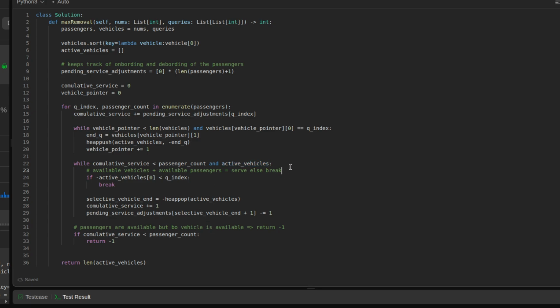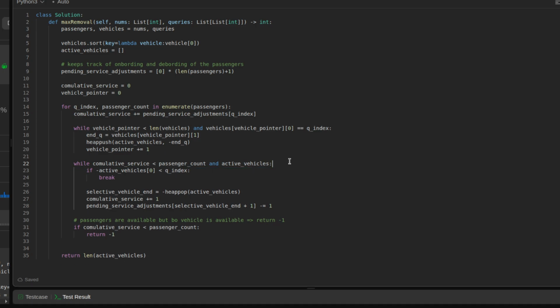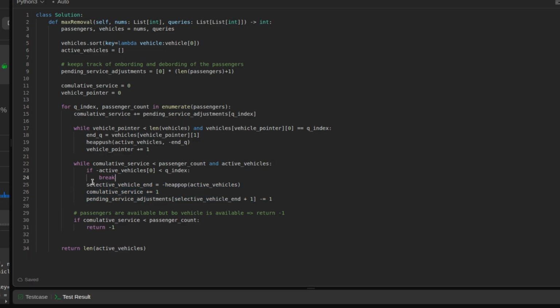But when I have vehicles and I have passenger count, then I can provide the services, and this service is provided by releasing a vehicle. Once I release a vehicle, I provide service to one person. As I am providing the service to that person, I am releasing it from my active vehicles count.